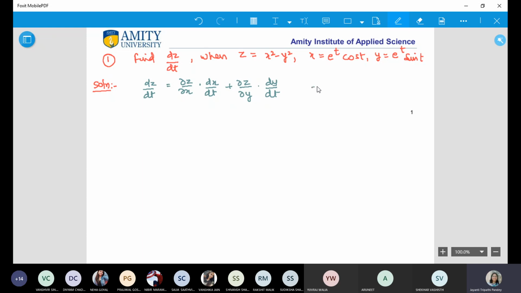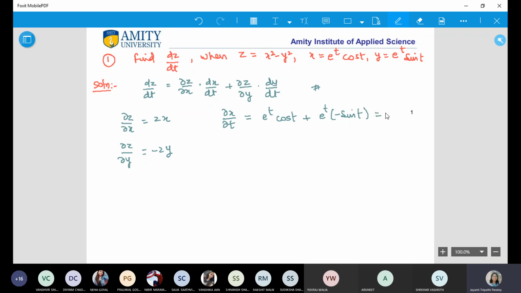Okay, now this is the formula. We need to find dz by dt. So that will be del z by del x into dx by dt, plus del z by del y into dy by dt. Differentiate this: dx by dt is e to the power t cos t plus e to the power t into minus sin t.